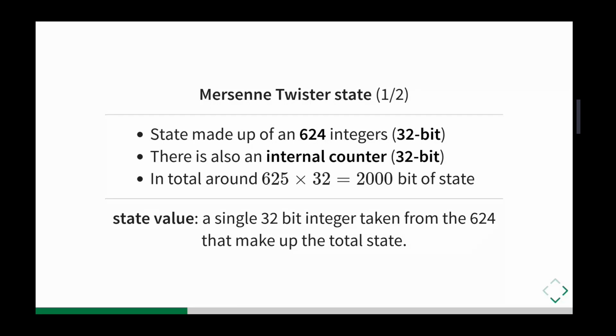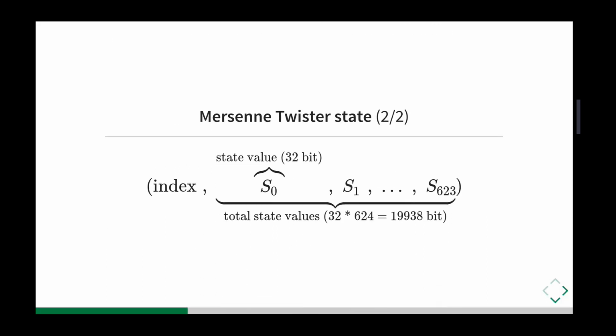And here it is important to understand this concept of state value. A state value is a single 32-bit integer taken from the 624 that make up the total state. So we can imagine the state as being like this. Here we have an index, like a position, a counter, which actually just goes from 0 to 624, but you can store this with 32 bits. We don't care.